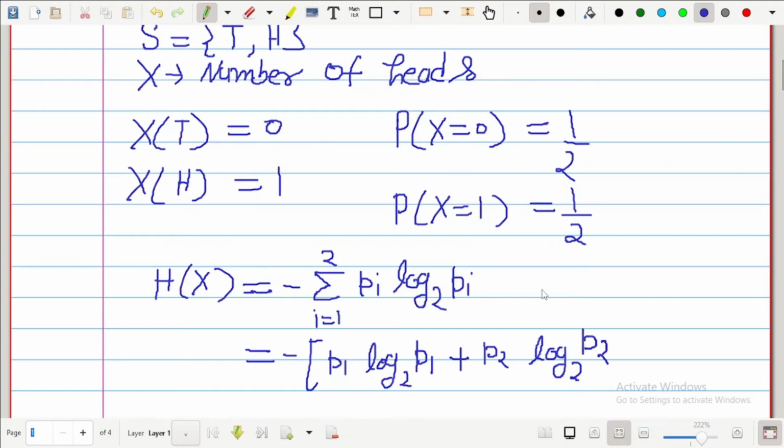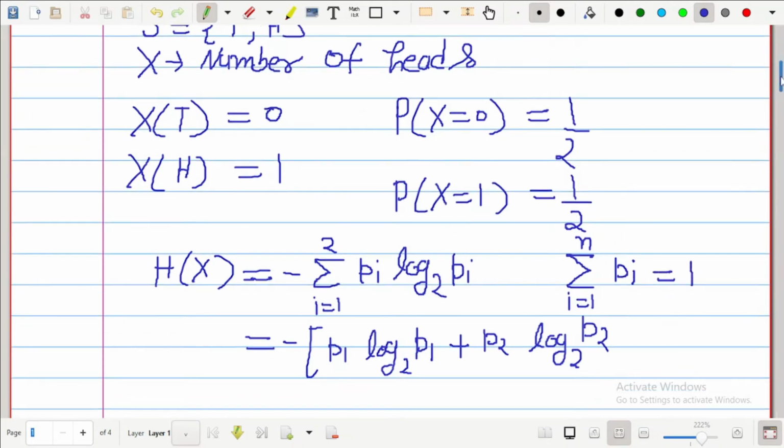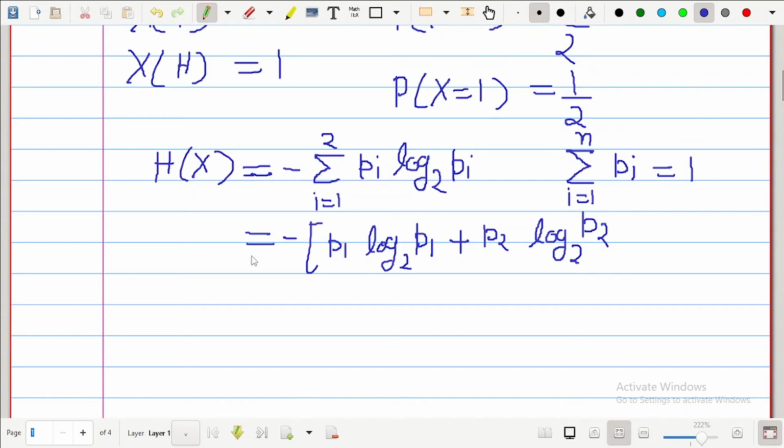And one more thing you should know, the summation of all probabilities must be equal to 1. That means the sum over i equal to 1 to n of p_i should be equal to 1. So here we have p1 is half and p2 is also half.